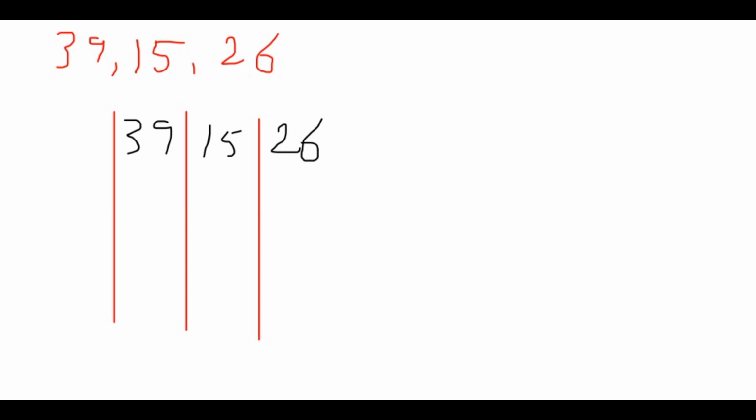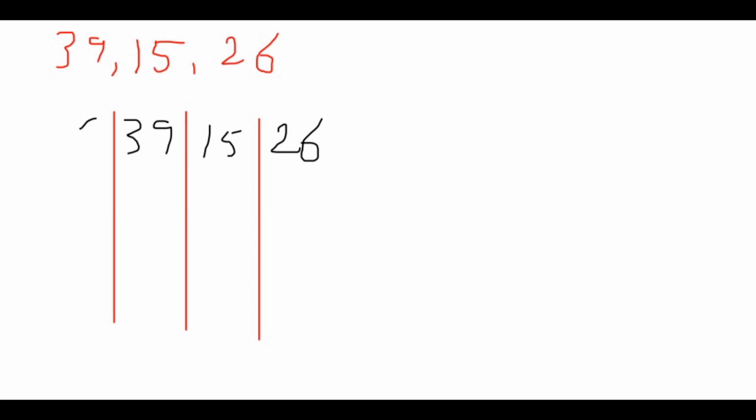Now we're going to start dividing by the lowest prime number. The smallest prime number that can go into at least one of the three numbers is 2. Since 26 is an even number, 2 can divide 26.